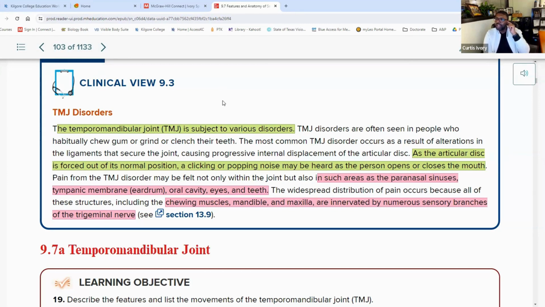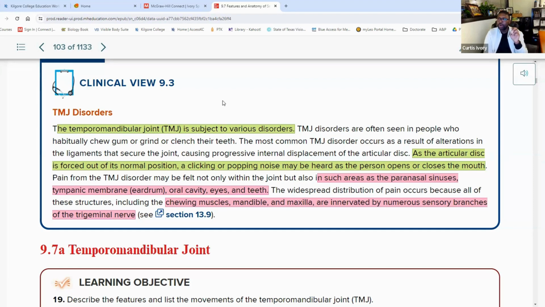If you chew, you can actually feel it moving. You can feel this part bulge in front of your ear. That is your TMJ, or temporomandibular joint. Sometimes the articular disc in that joint can pop out or cause a clicking or popping noise.